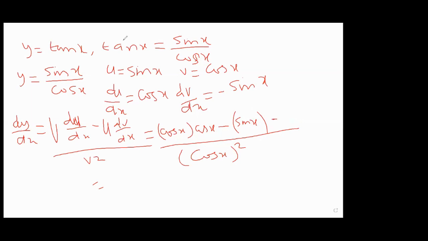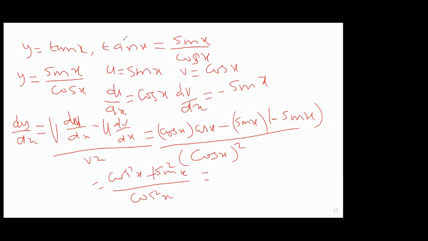This should be minus sin x. Then our v squared will give you cos squared x. Cos x times cos x will give you cos squared x, minus sin x times minus sin x will give you plus sin squared x, all over cos squared x.